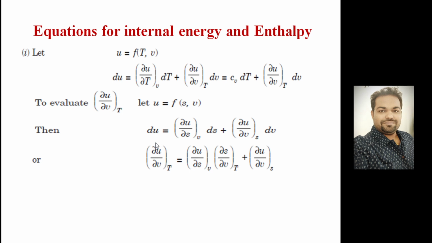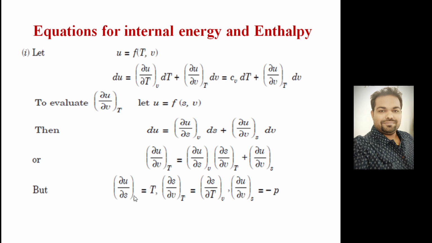What you have done exactly, you divided this complete equation by dV. So you are getting ∂U/∂V at constant temperature is equal to the first term and ∂S/∂V at T plus this term, right? And this dV by dV will cancel out, so the dV term has vanished here.